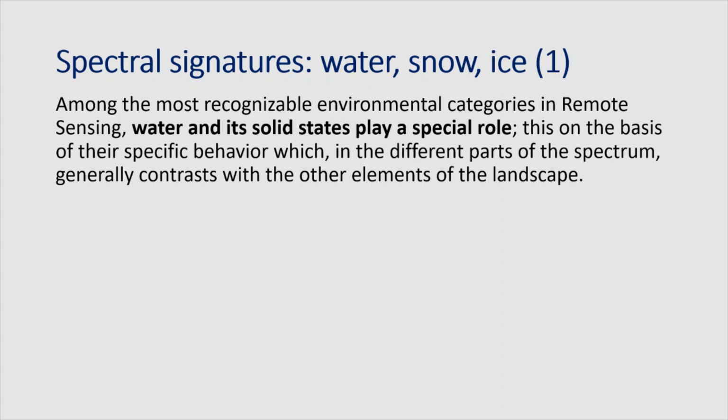Among the most recognizable environmental categories in remote sensing, water and its solid state play a special role. This is on the basis of their specific behavior, which in the different parts of the spectrum generally contrasts with the other elements of the landscape, and also because water is the most frequent surface that we can find on the Earth.